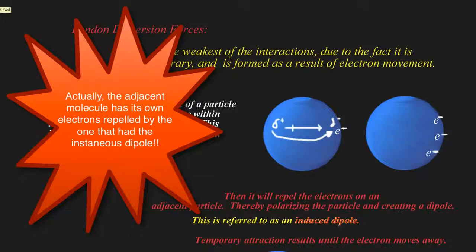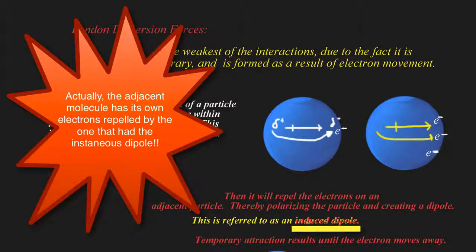And these electrons here get repelled by the movement of this electron in the adjacent molecule. Now these other electrons move on the adjacent particle, and by their movement, they've created another dipole. This dipole is referred to as an induced dipole.